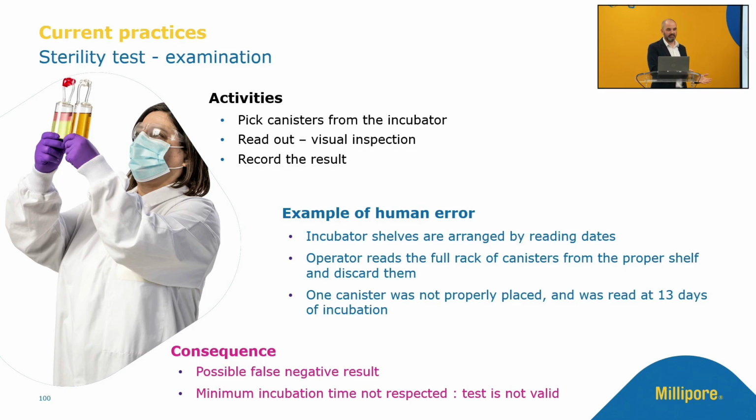One canister was at the wrong place and was read at 13 days of incubation and not 14. So in that case, the test is not valid and has to be reperformed. In that specific case, resampling was not possible, so the batch had to be discarded. So it was hundreds of thousands of euros of scrap just because of this small mistake.